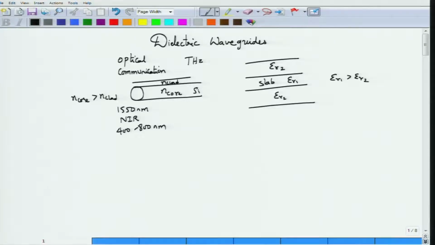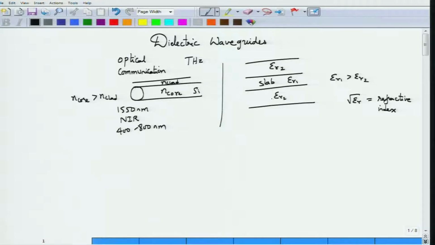In the previous case I discussed in terms of refractive index, and now in terms of relative permittivity, but these two discussions are equivalent because the square root of epsilon r is equal to the refractive index.